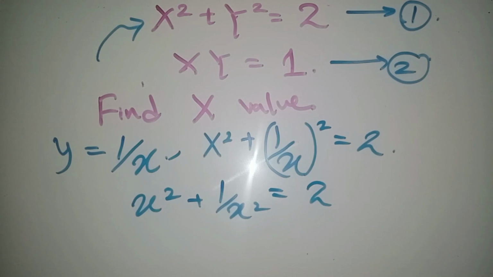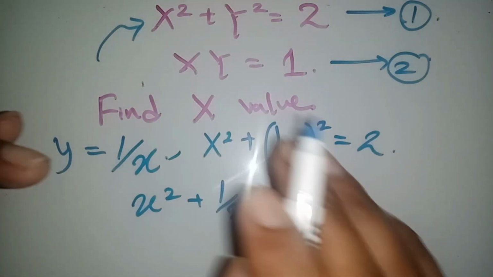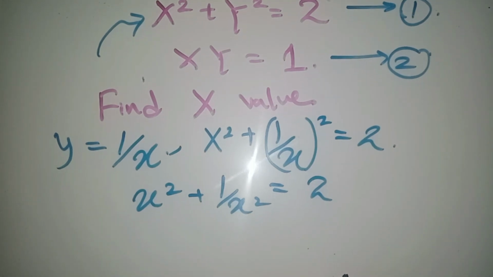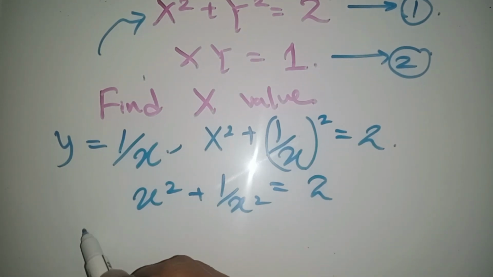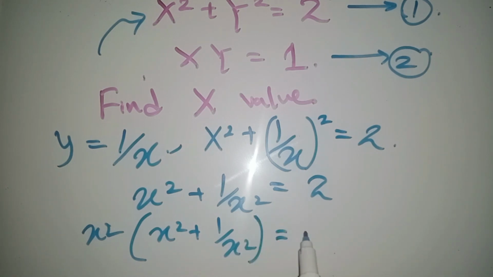Then I want to remove this x square from the denominator, so I have to multiply both sides by x square. Then you can see that x square within brackets, x square plus 1 divided by x square, equals 2x square.